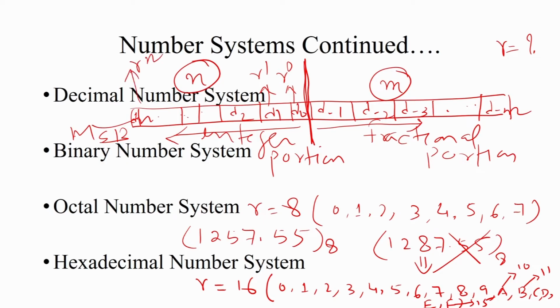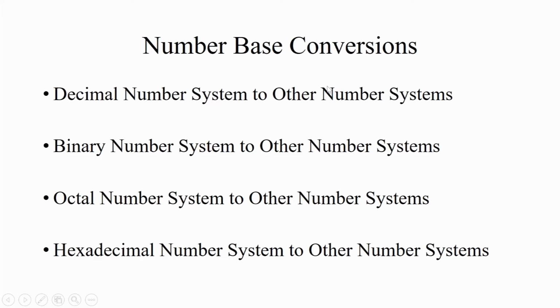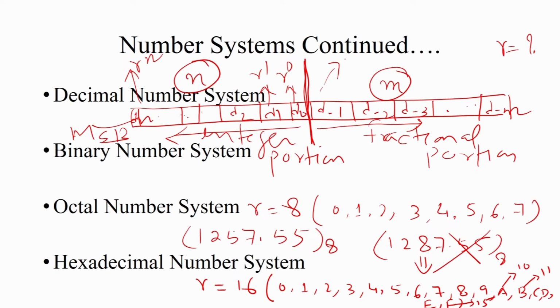Similarly, this particular digit is multiplied by base to the power minus 1, this is multiplied by base to the power minus 2, and up to r to the power minus m.